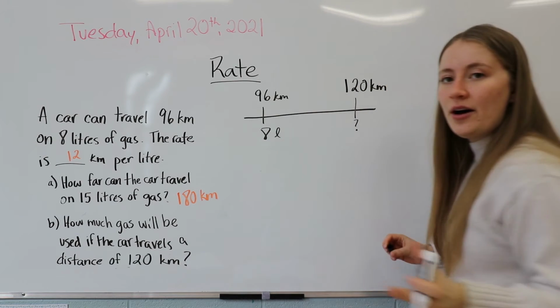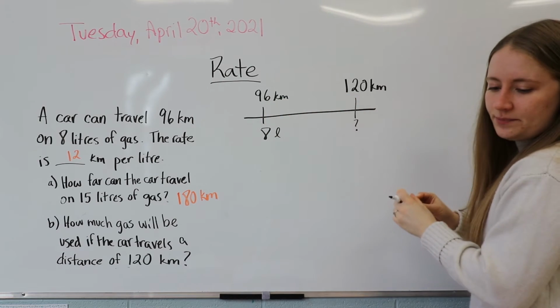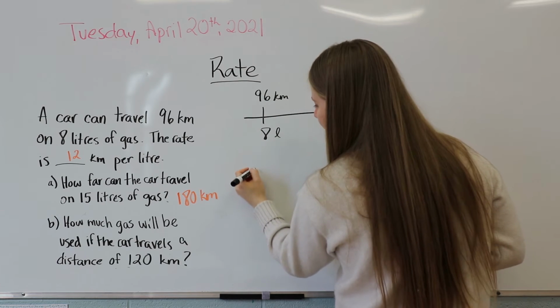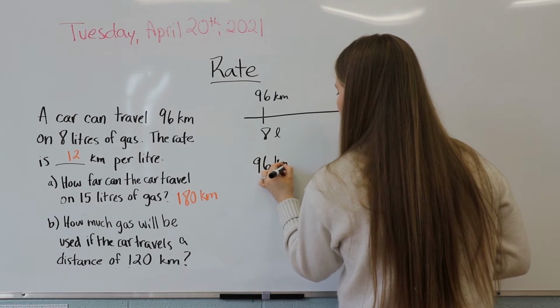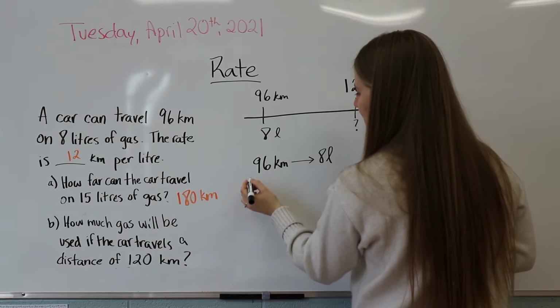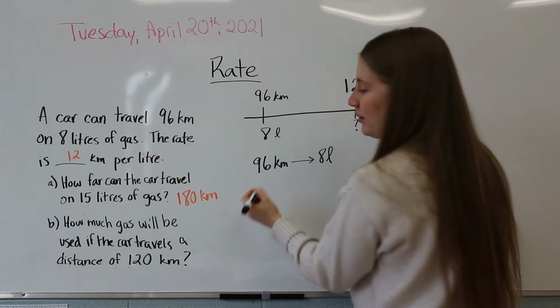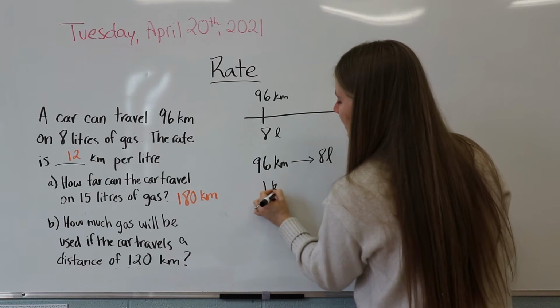Now because we have 2 values for kilometers, we have to put kilometers on the left. So we've got 96 kilometers is 8 liters. And we still have to follow the same process where we're finding 1, but this time the value of 1 is going to be in kilometers.